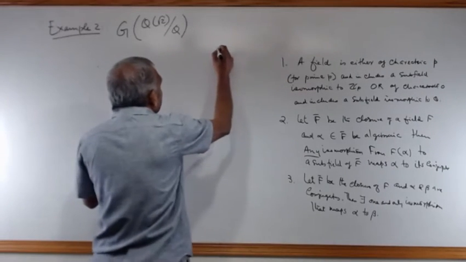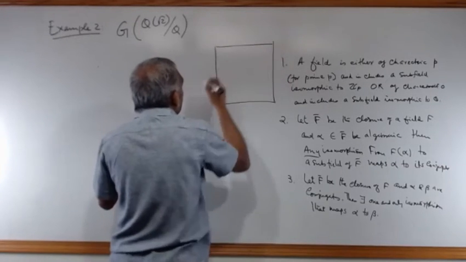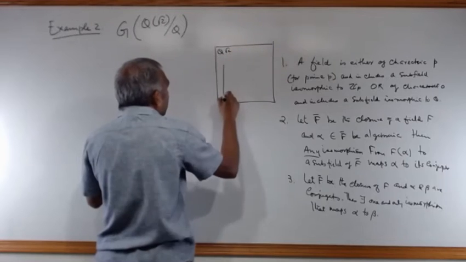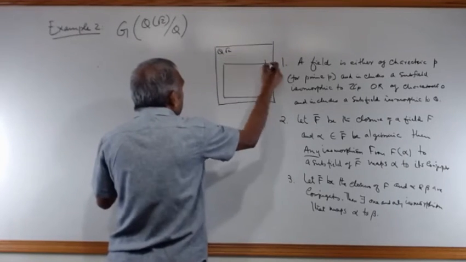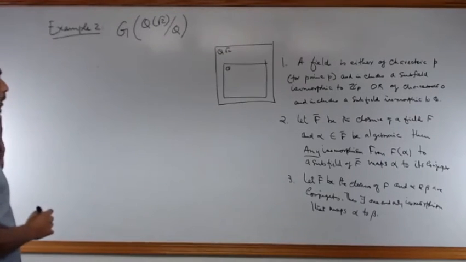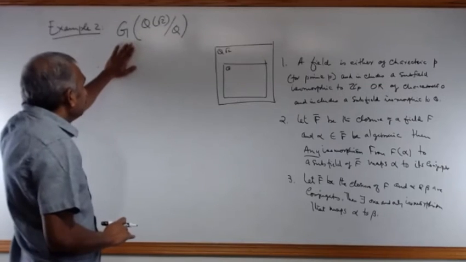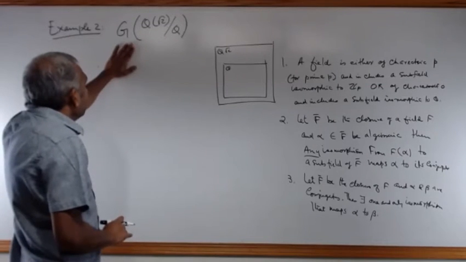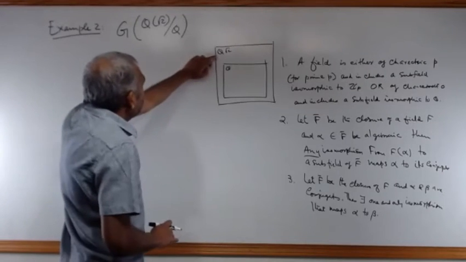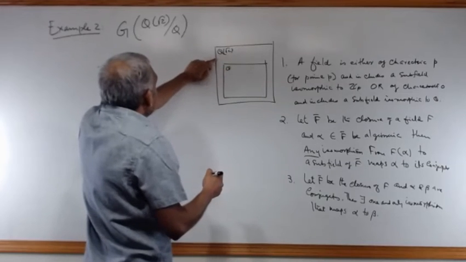So this is Q root 2 and there is a Q here. So we want to find out all the automorphisms from Q of root 2 to Q of root 2, leaving Q fixed.